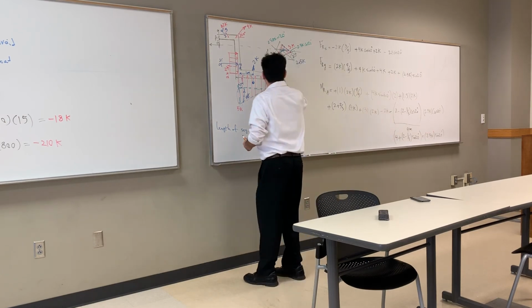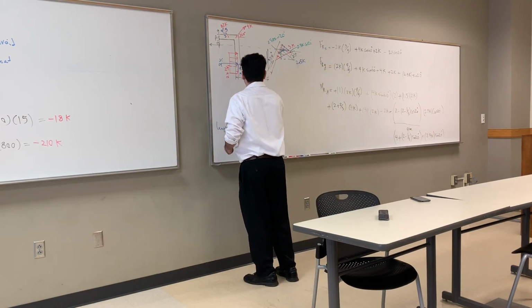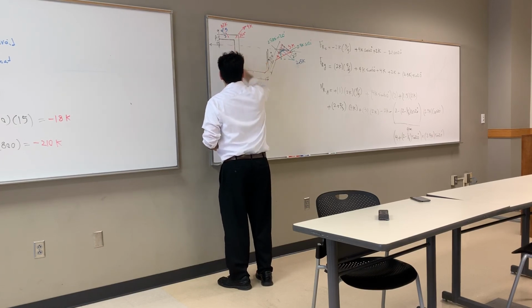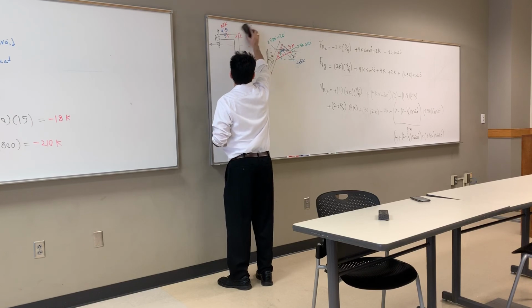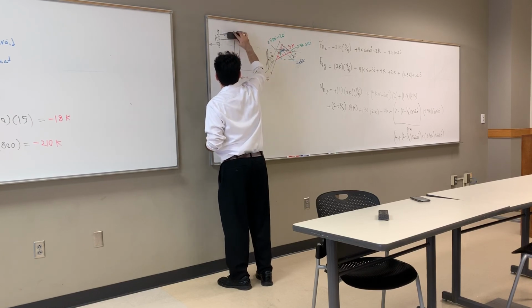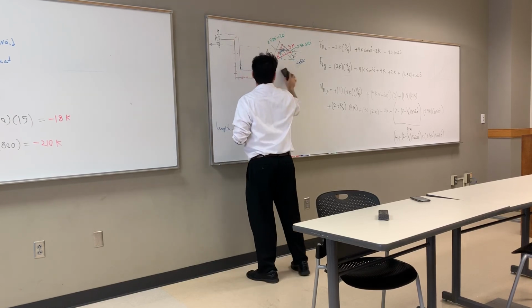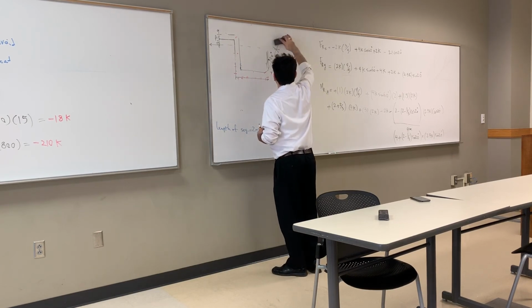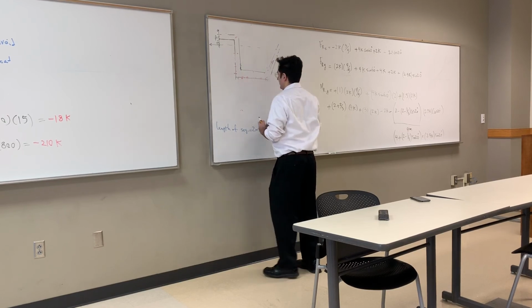Because you simplify, right? You erase all these things, and you replace it with one force and one moment at point A. So you just erase everything here. Makes your system much more readable.